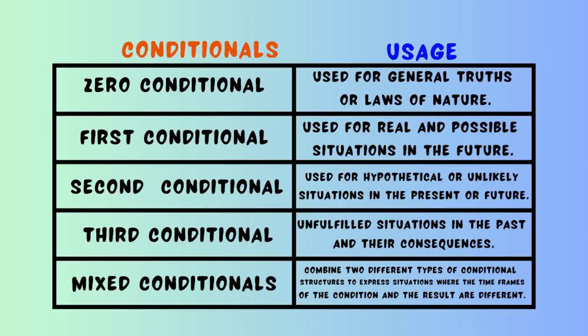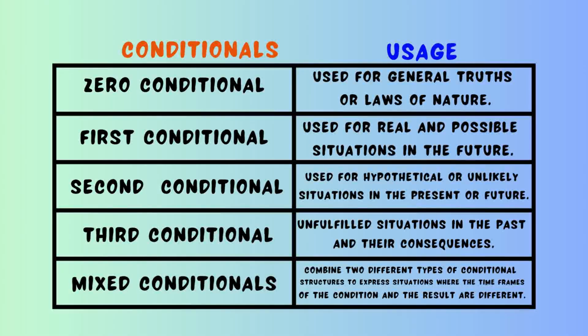Conditionals and their usages. Zero conditional, used for general truths or laws of nature. First conditional, used for real and possible situations in the future. Second conditional, used for hypothetical or unlikely situations in the present or future.